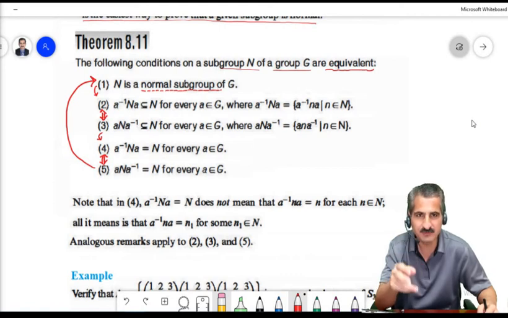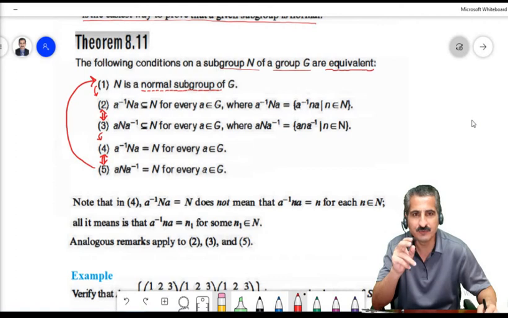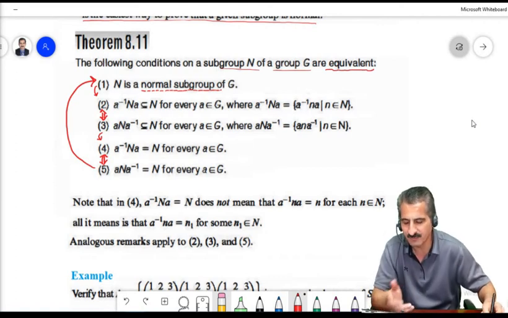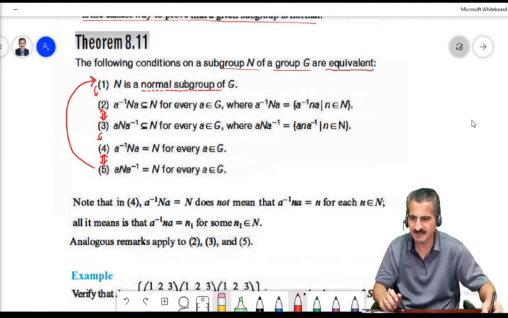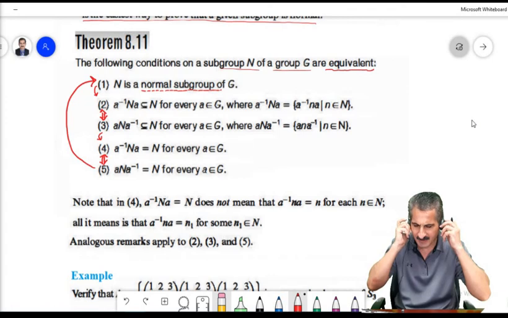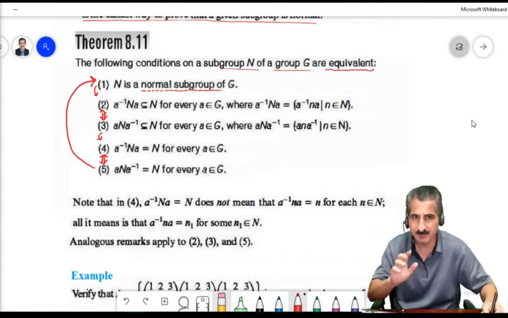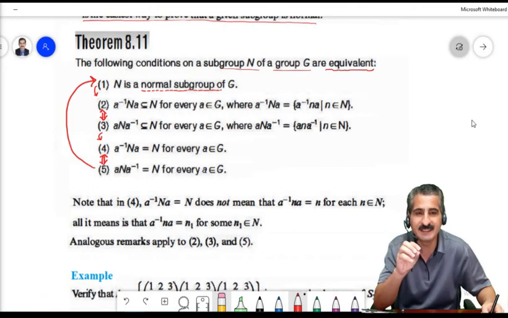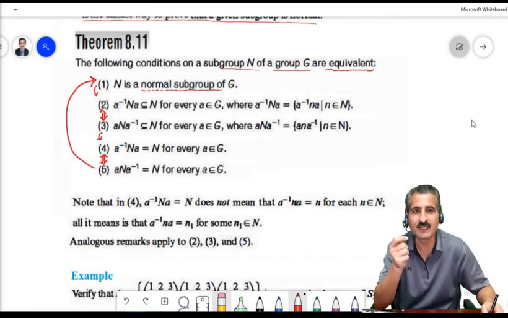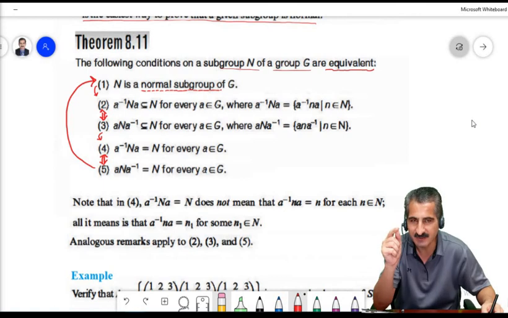And I also said we need to use 2 and 3 to prove 4 is correct. Did I say that correctly? I think I said 1 instead of 4. Let me repeat what I said. We need to use both 2 and 3 to prove 4 is correct. And we need to use 4 and 5 to prove 1 is correct.